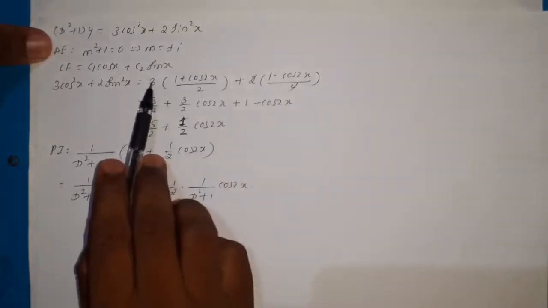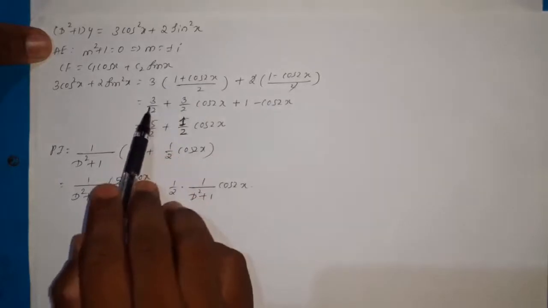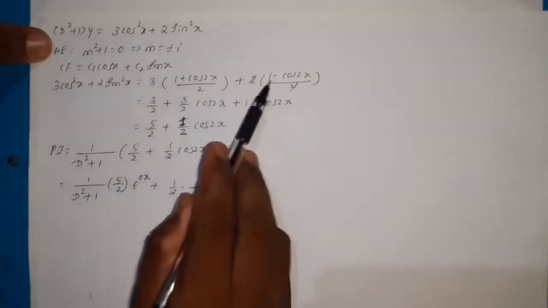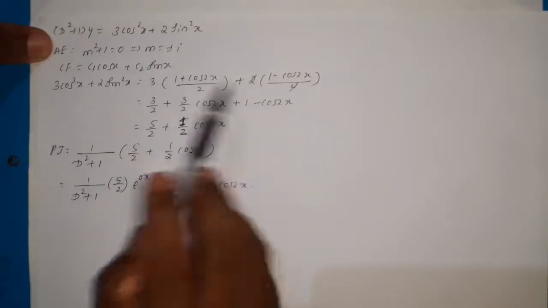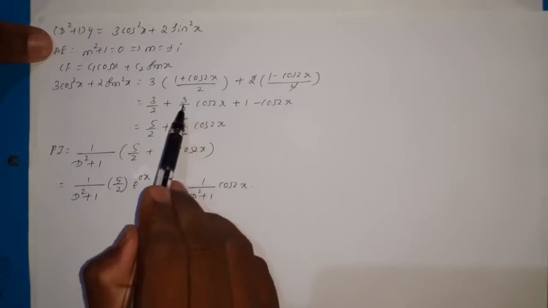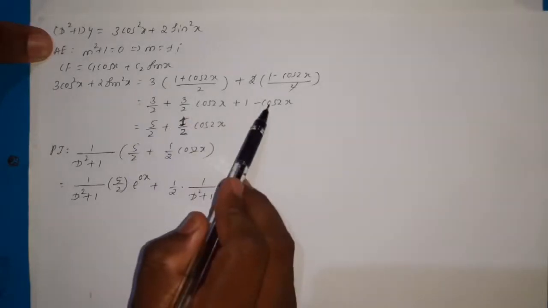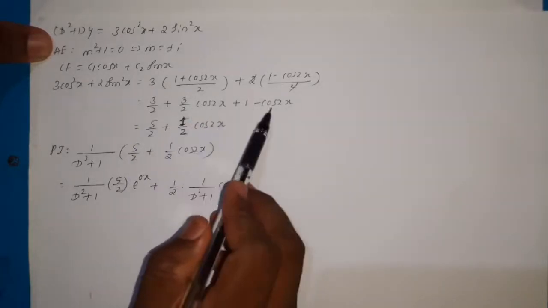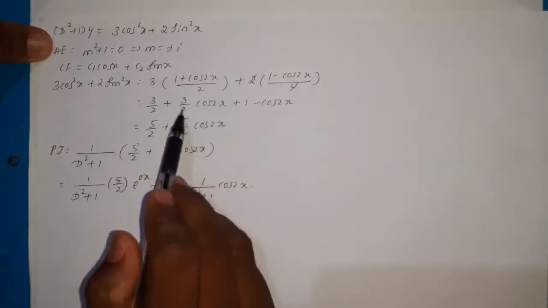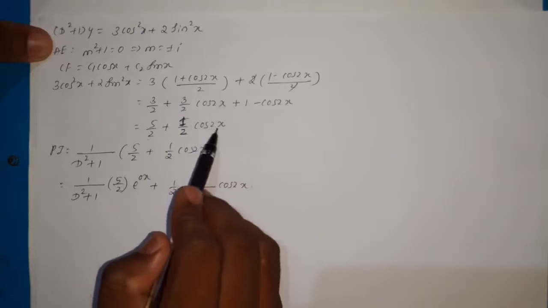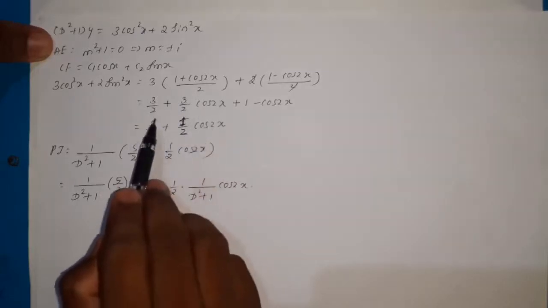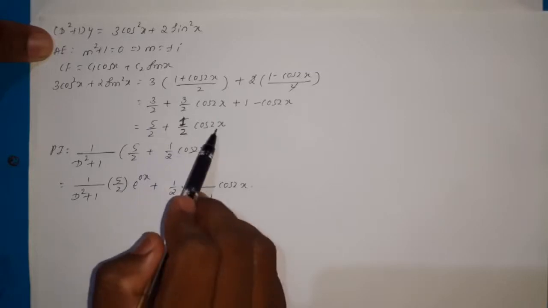Then here 3 by 2 into 1, that becomes 3 by 2, then 3 by 2 into cos 2x plus 1 minus cos 2x. Now 3 by 2 plus 1 is 5 by 2, and if you take that cos 2x outside, then 3 by 2 minus 1 is remaining. This 3 by 2 minus 1 is 1 by 2 cos 2x. Now the function became 5 by 2 plus 1 by 2 cos 2x.